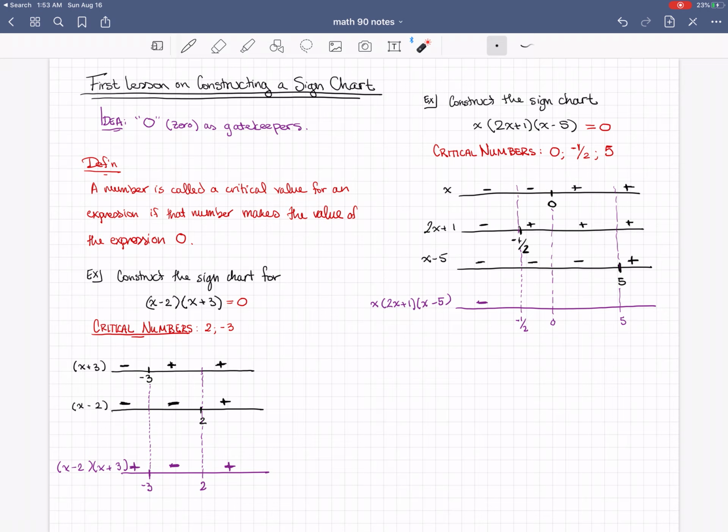Negative times positive is negative, times negative brings it back to positive. Next section, we have a positive times a positive times a negative. So positive times positive is still positive, but then the negative makes it negative again. Last region, we have positive, positive, positive. Product of 3 positive numbers is positive. So there is our final sign chart.